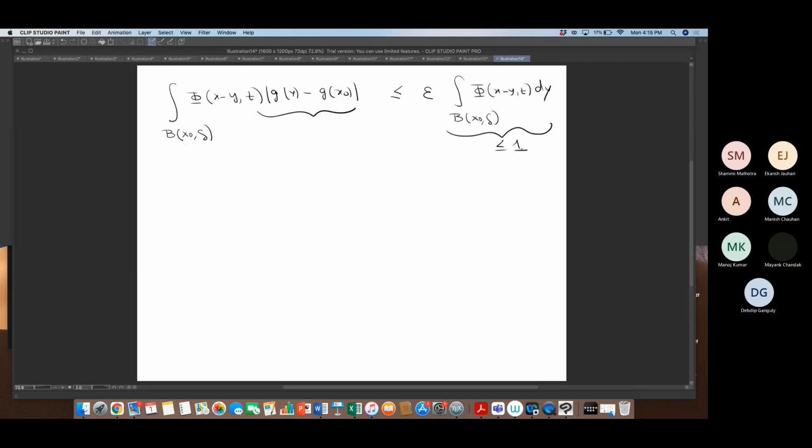The integration over Rn of phi(x minus y, t) dy is 1 for any t. Then this set is a smaller set and phi is a positive function, so this is less than epsilon. Clear? This part is clear?